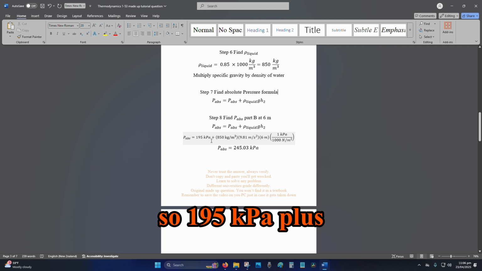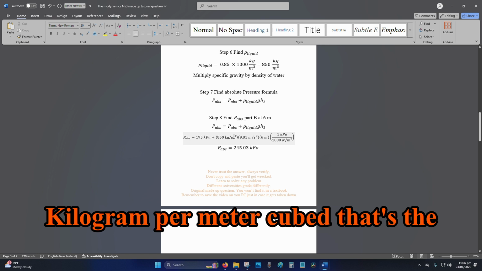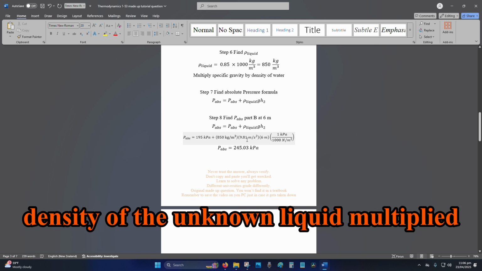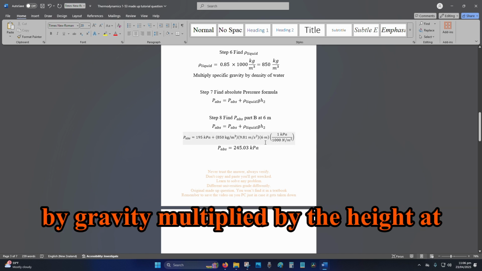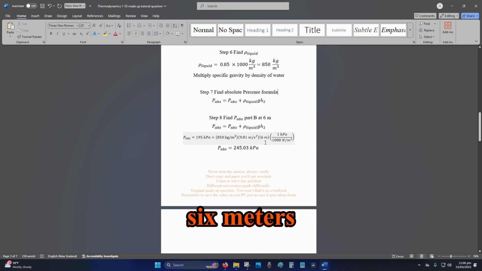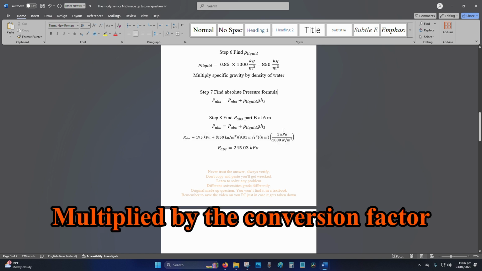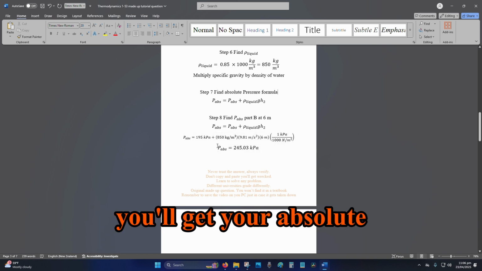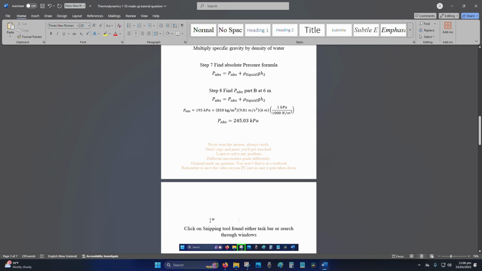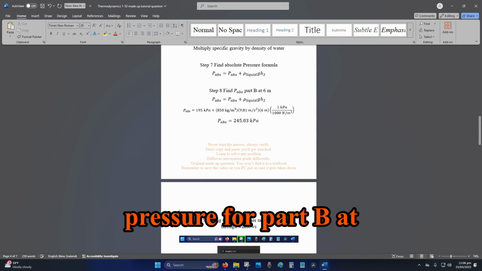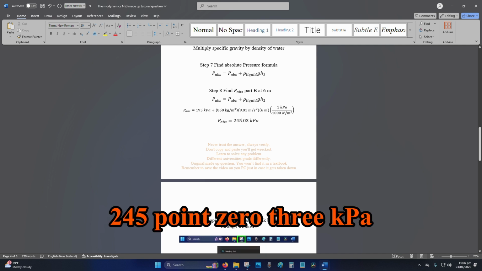So 195 kPa plus 850 kilograms per meter cubed, that's the density of the unknown liquid, multiplied by gravity, multiplied by the height at 6 meters, multiplied by the conversion factor. You'll get your absolute pressure for part B at 245.03 kPa.